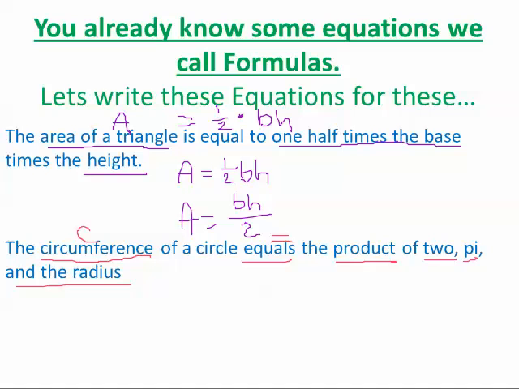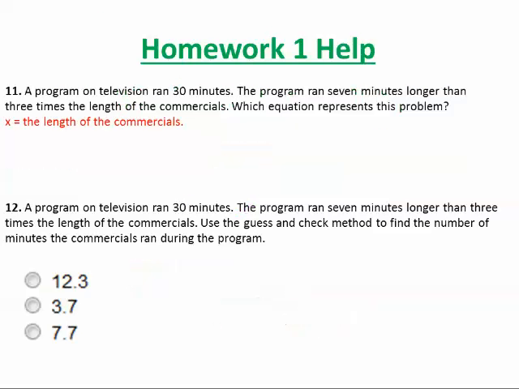So I need to go 2 pi times the radius, because that is the product of 2 pi and the radius. Circumference is 2 pi r. Circumference is 2 times pi times the radius is what they're trying to get you to write. You will see several like this in your homework, and they want you to read and write. And you'll be able to do matching with it. So just use the words carefully. I think they'll be good.